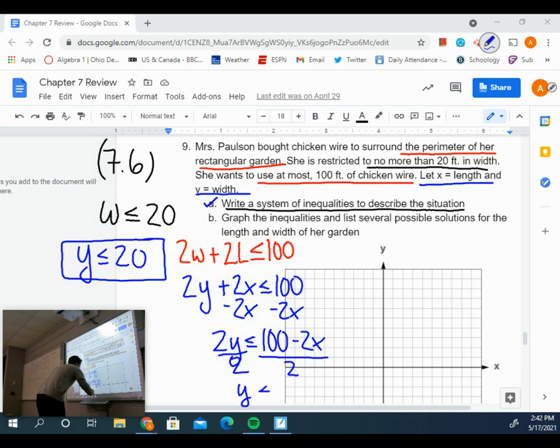Notice I am not flipping the sign here because the number 2 that I divided both sides by is positive. And I end up with this inequality.